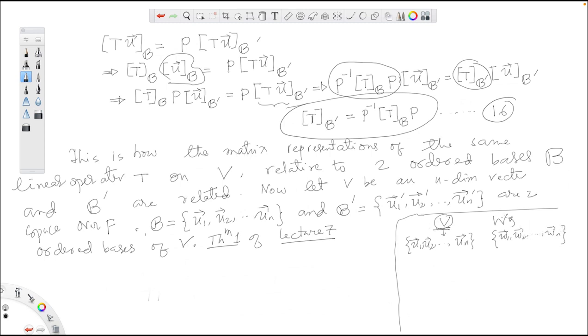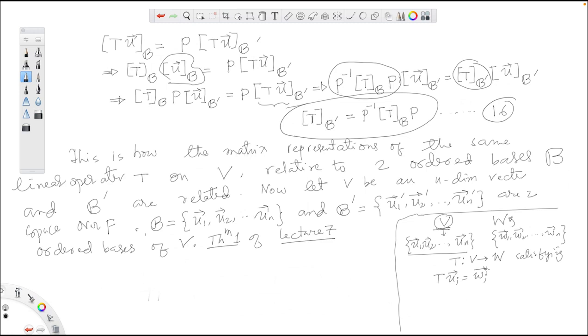So V is a finite dimensional vector space with an ordered basis given by these n vectors, and we choose n vectors from W. It's guaranteed by Theorem 1 of Lecture 7 that there is a unique linear transformation T from V to W satisfying T uj is equal to Wj.